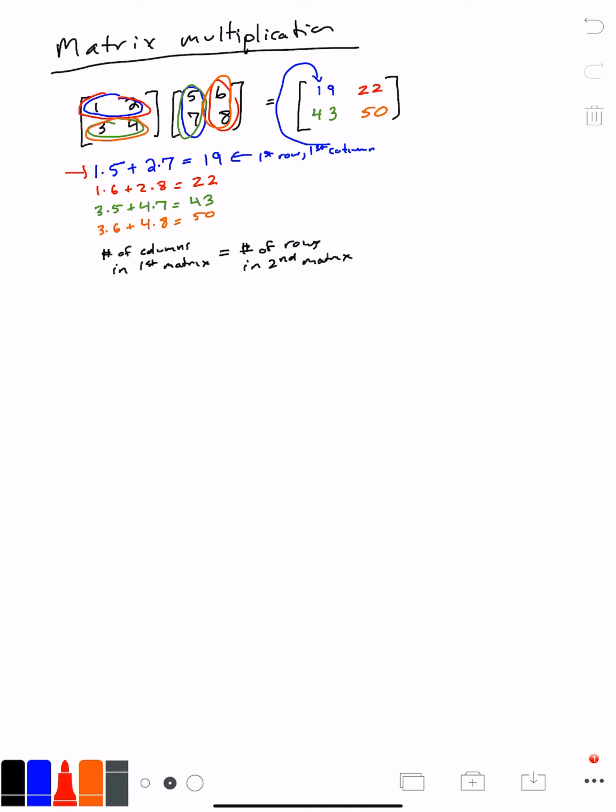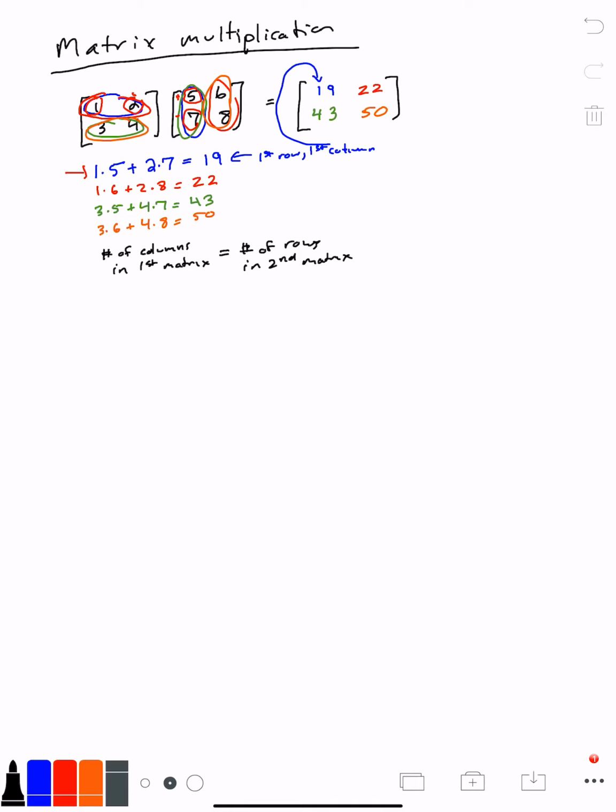So the 1 was right here, the 5 was right there, and the 2 and the 7. So I need to have the same number of numbers here to multiply by the same number of numbers there, which is why the number of columns in the first matrix has to equal the number of rows in the second matrix.